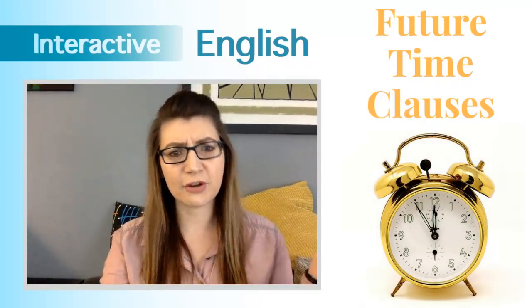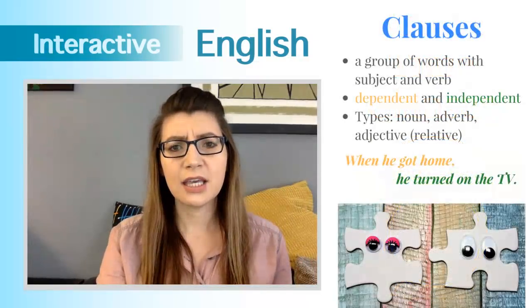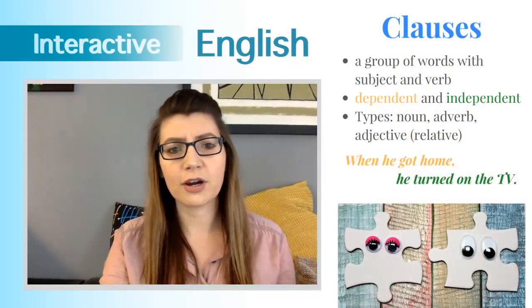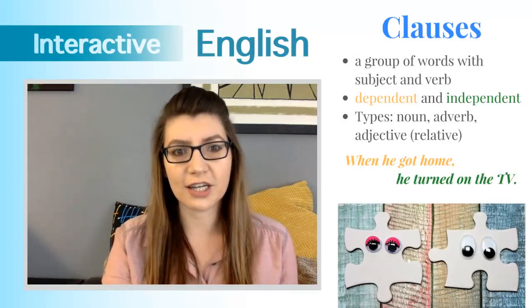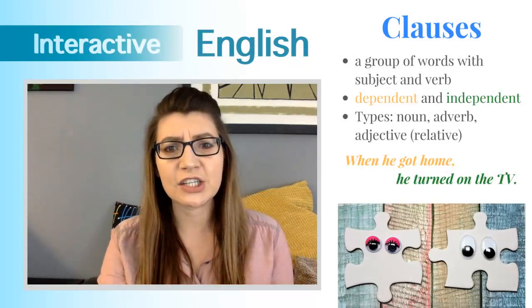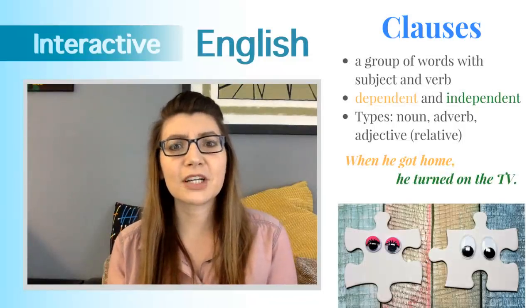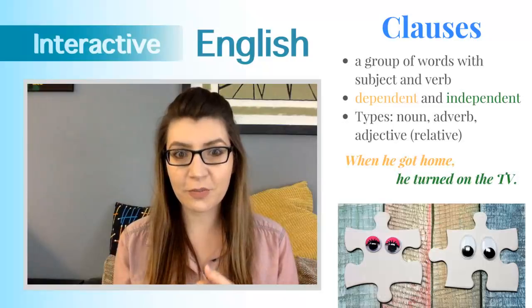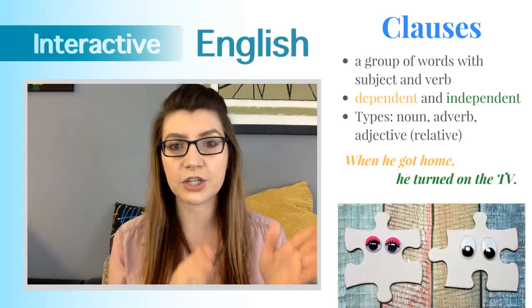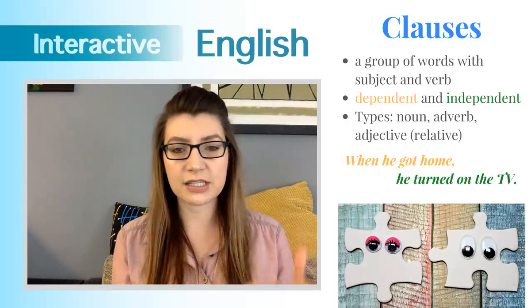So, future time clauses. Now, you may have wondered before, if you've seen this word in English, what on earth are time clauses or clauses in general? So, clauses are groups of words, but what's important about them is that they have a subject and a verb. They always come with a subject and a verb.